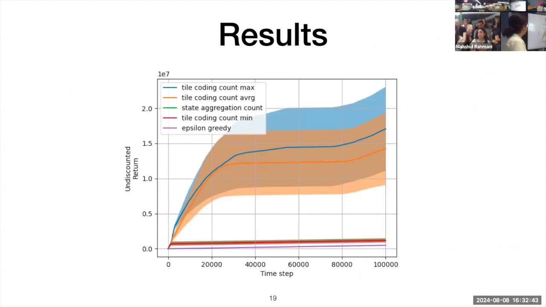The two plots, red and green, are almost on top of each other, so you just see a red line. They are state aggregation count and tile coding count with min. The purple one on the bottom is epsilon greedy. So they're definitely beating epsilon greedy, and max and average seem to do a lot better than state aggregation. So this is where I am with my results.